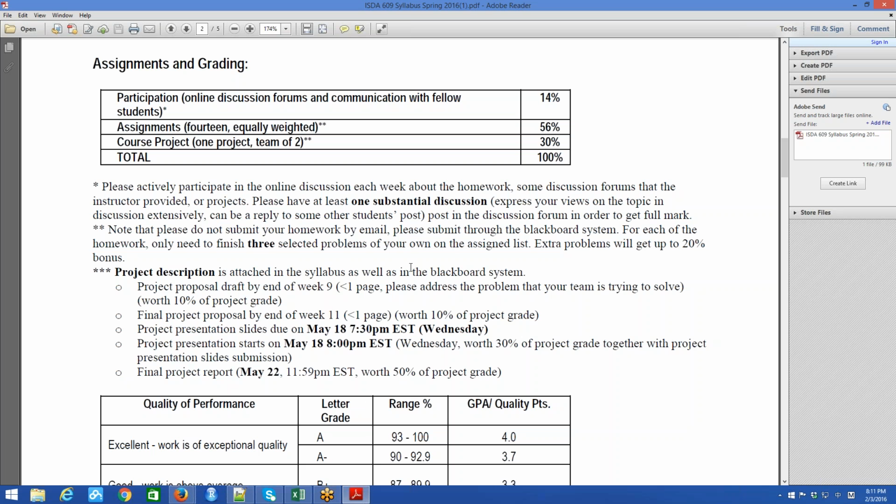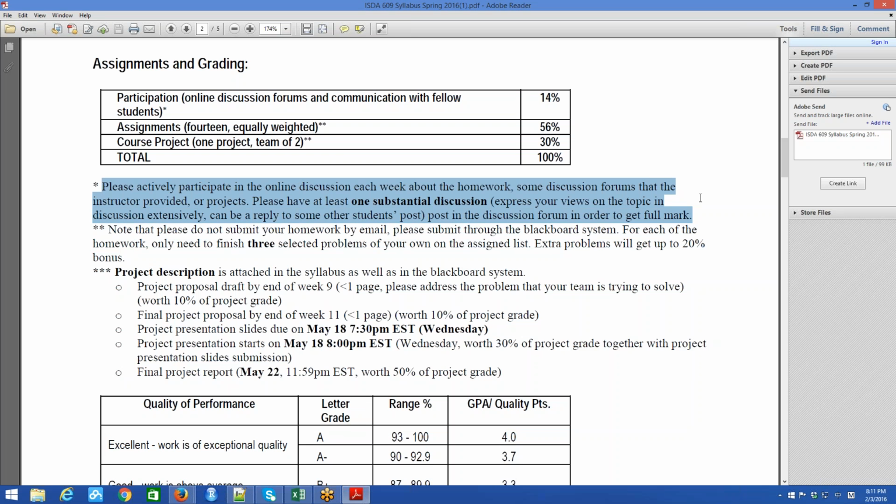This makes up 14% of the final grade. As you can see from the first note here, please actively participate in online discussion each week about the homework, some discussion forums that the instructor provided, or projects. Please have at least one substantial discussion and express your views on the topic extensively. It can be a reply to some other students' posts.